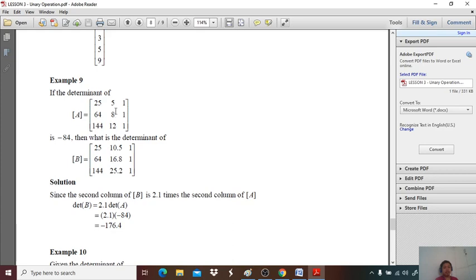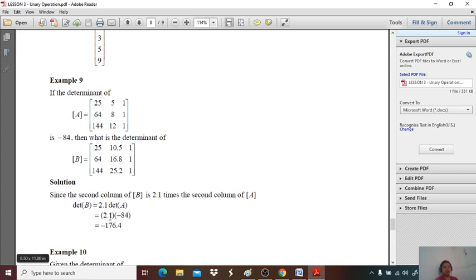Here we have 2.1 times the second column, so we get the proportionality constant for this second column.